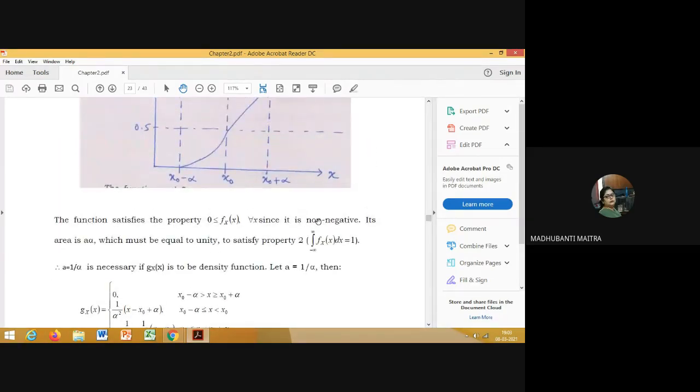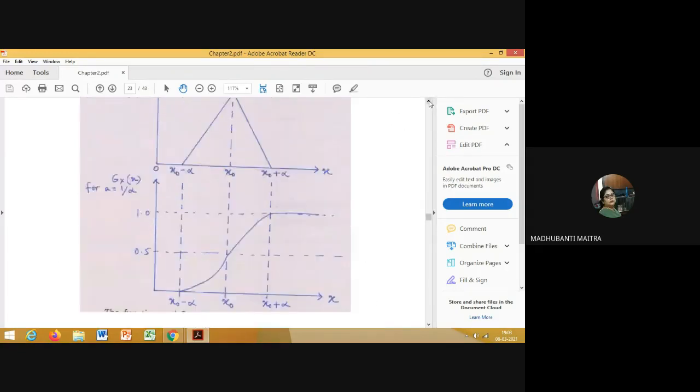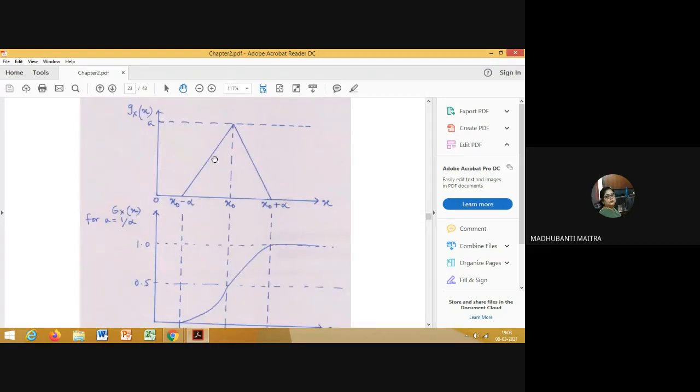Now, one thing is sure, if this particular function is a valid density function, then the area under this curve will be equal to 1, that we have seen. So this is basically the hint.